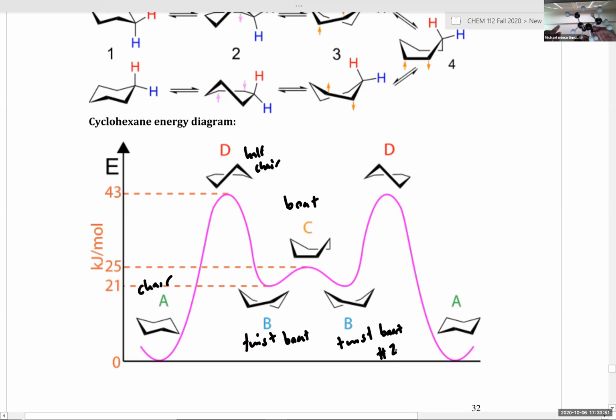Now, continuing on, we're going to bring carbon 1 down into the plane of the page. And now we have the following conformation, which is our second half chair conformation.